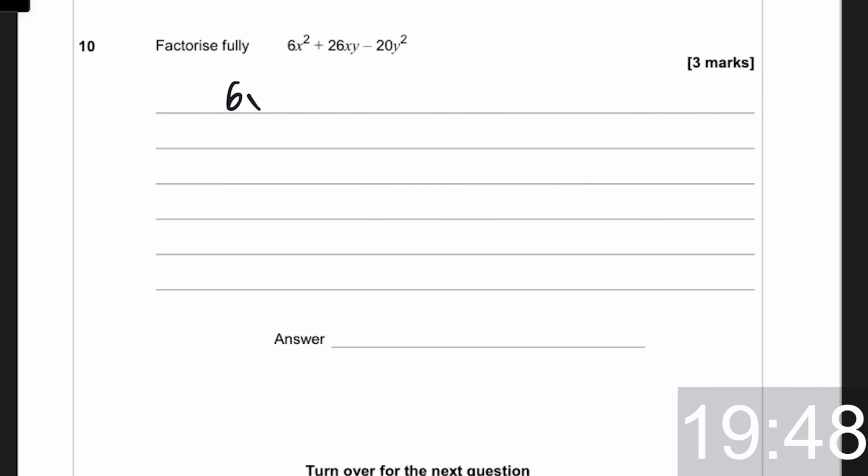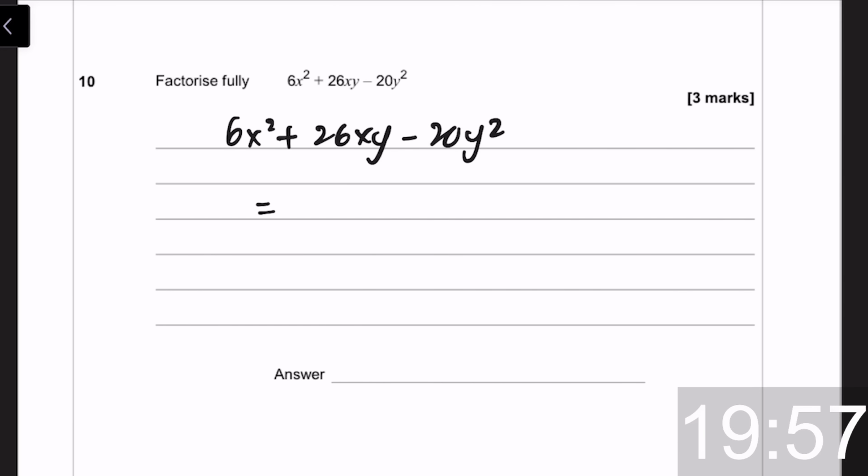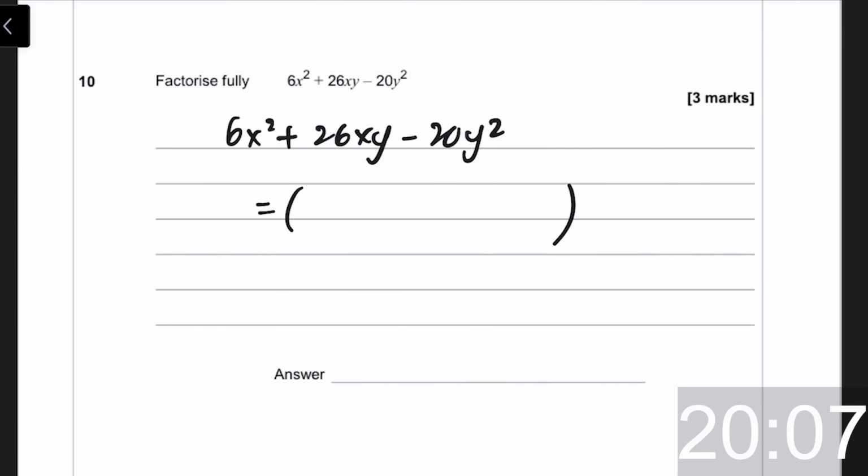6x squared plus 26xy minus 20y squared. Right. It's going to be an x and y in the brackets. So we're going to need, is it going to be a 6 and a 1? Tricky to know. Let's try this. We know we've got an x and an x and a y and a y.